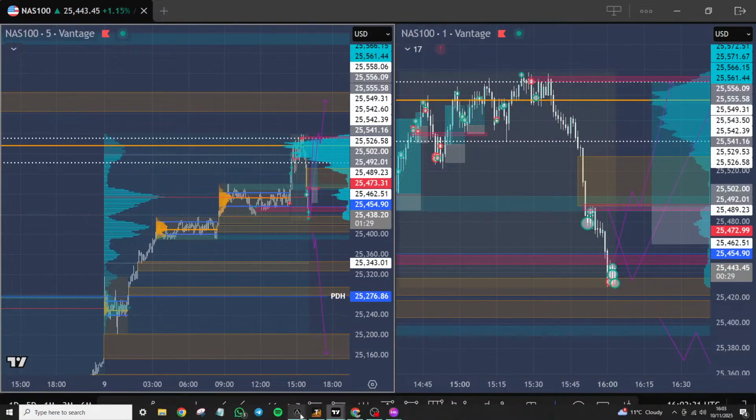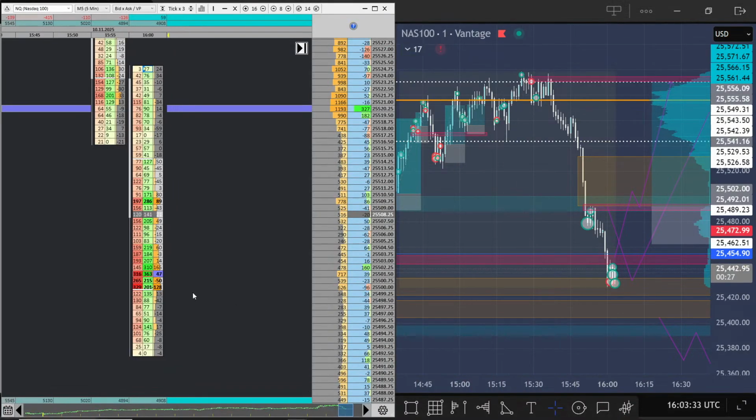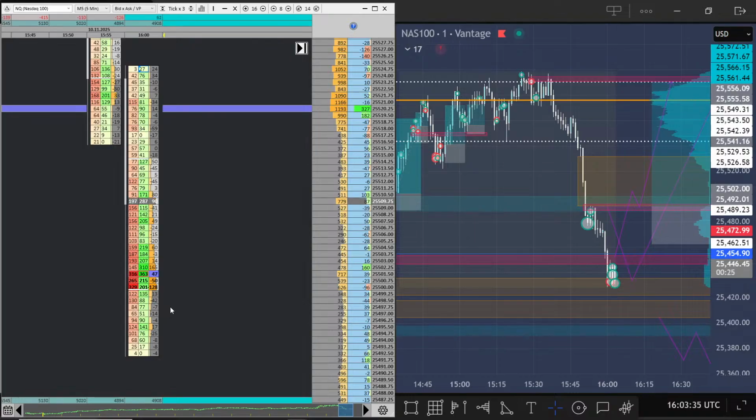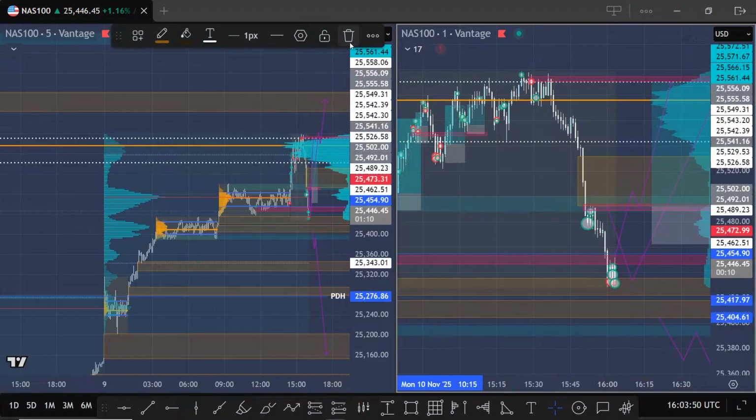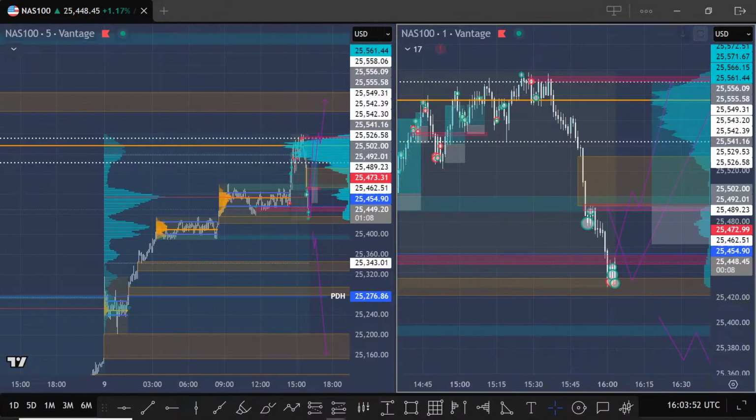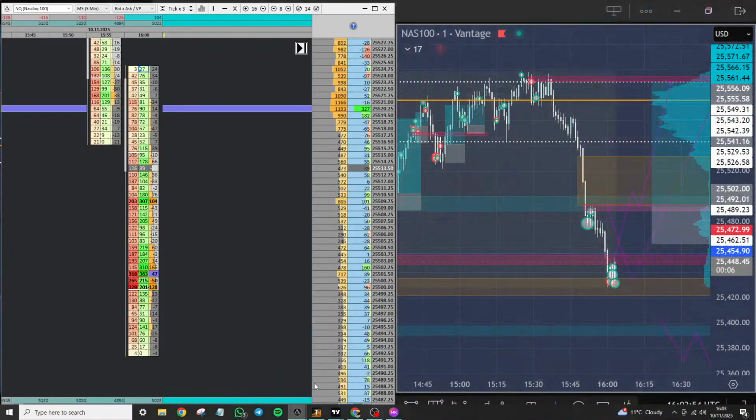I think this is exactly what I thought it was, you know. I think we're gonna fly from here. It's just too high risk to be anything that's a trade. We've gone right into the low volume node, and now we've found a lot of volume.